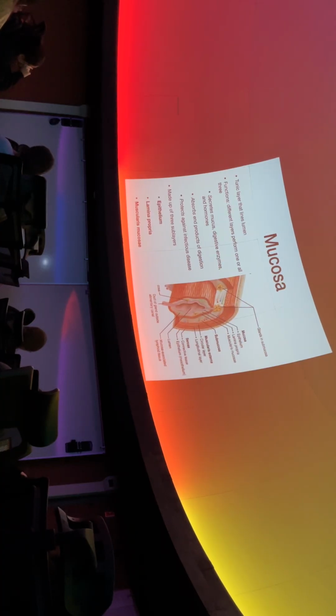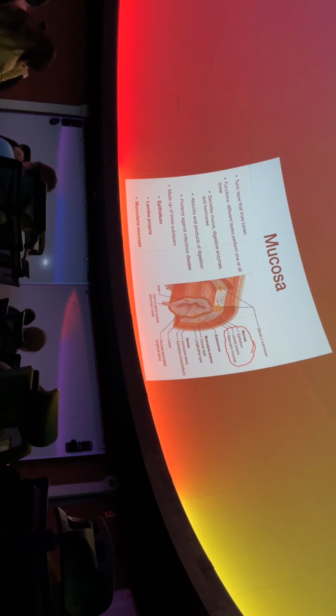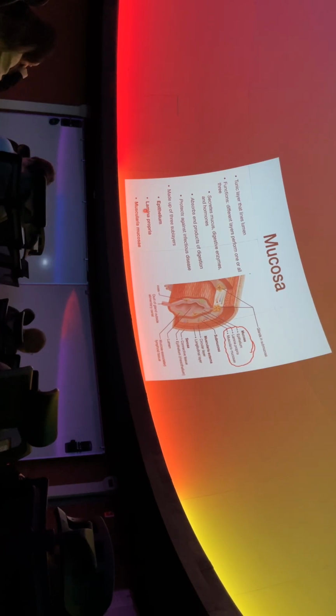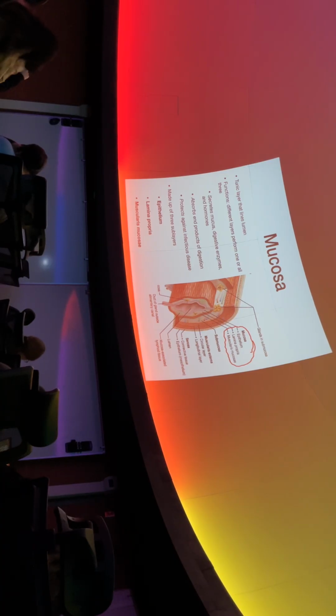Okay, the mucosal layer, I'll circle it in red, it's all of these structures right here. I also have them right here. This is going to be secreting mucus, digestive enzymes, they also have some hormones. Remember when I talked about how the endocrine system is more than just those endocrine organs? There's patches of tissue all over your body that have endocrine function.